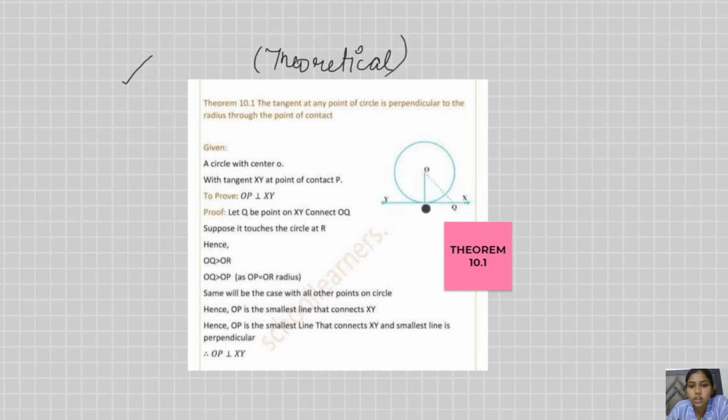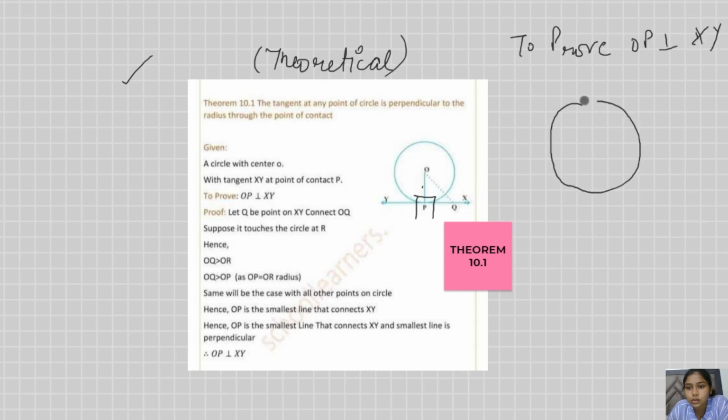The tangent at any point of a circle is perpendicular to the radius through the point of contact. Basically we have to prove that the tangent drawn to the circle at any point is perpendicular. It means we have to prove that OP is perpendicular to the tangent XY. So let this be a circle.